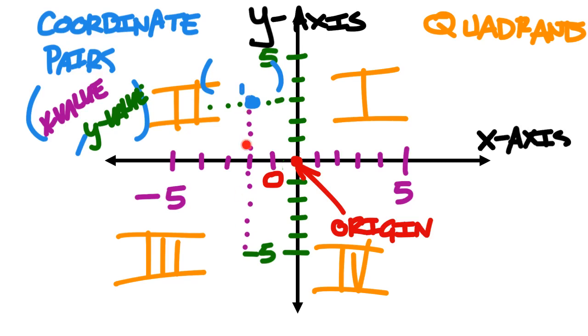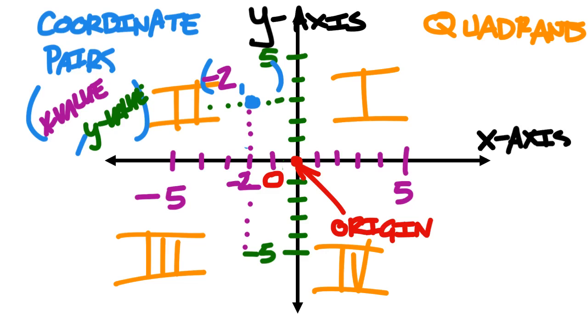So, what value of x does this blue point correspond with? Well, I just follow this purple line down to the x number line, and I see that it has a value of, well, that'd be 0, -1, -2. So that's where -2 is, which means the x value in the coordinate pair is also -2.